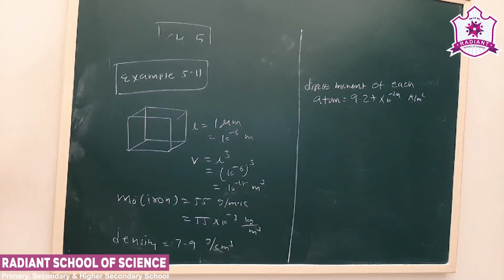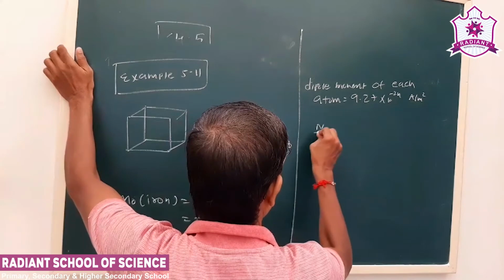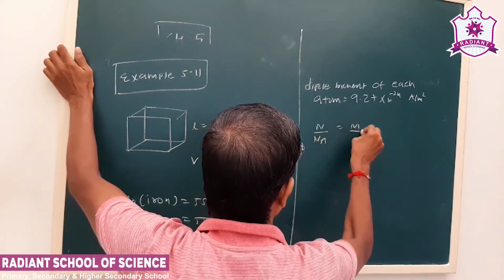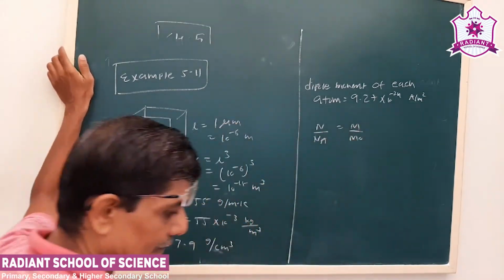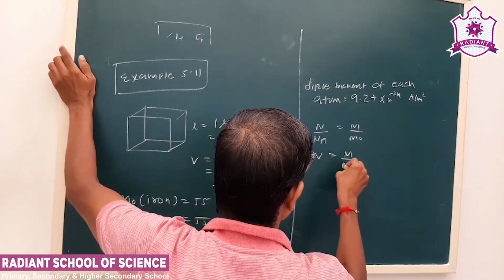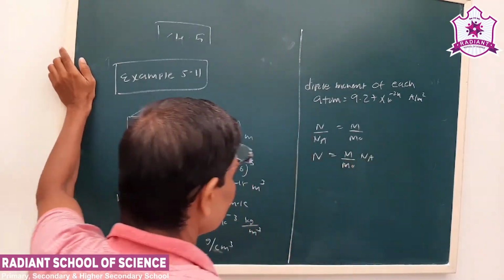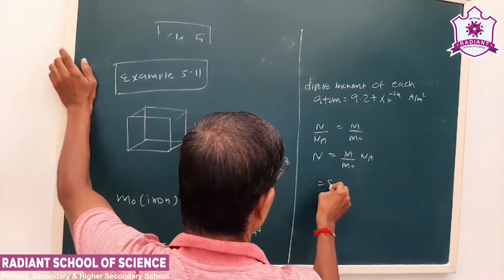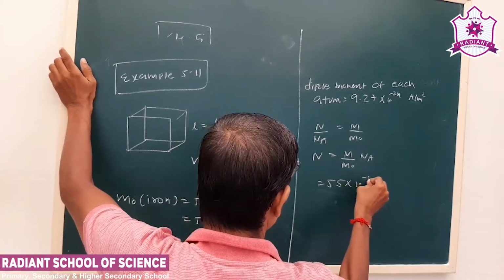Now see, first we find out the number of molecules. That is n upon Na is m upon m0. Now see, molecular mass 55 into 10 to minus 3.